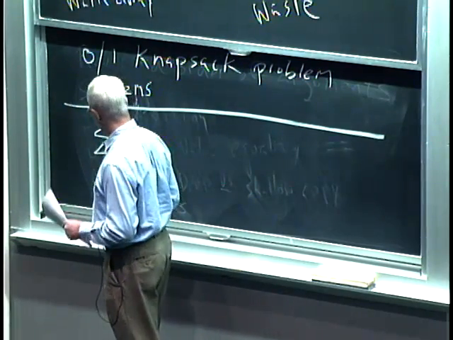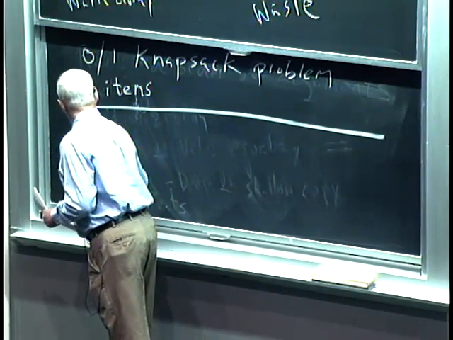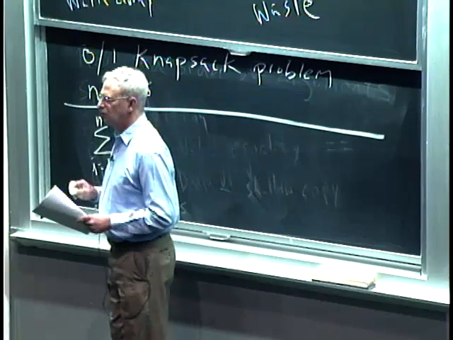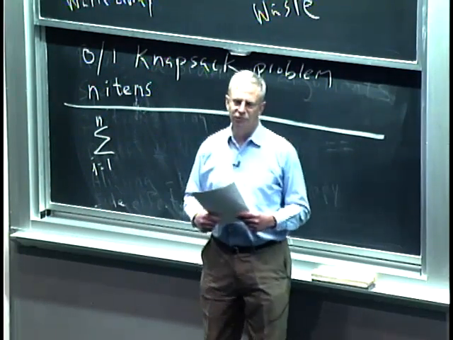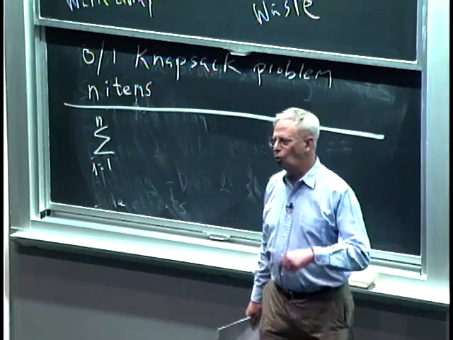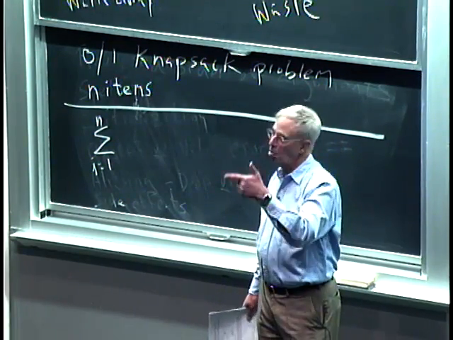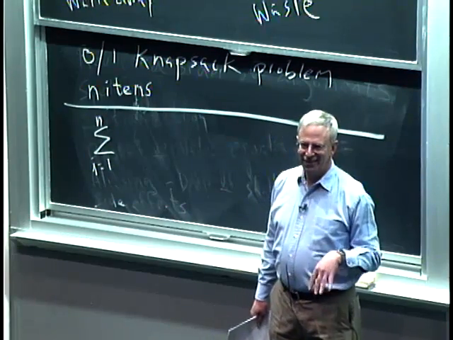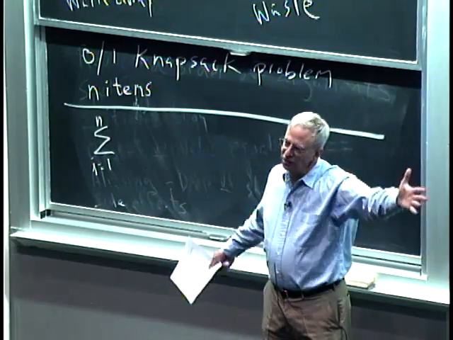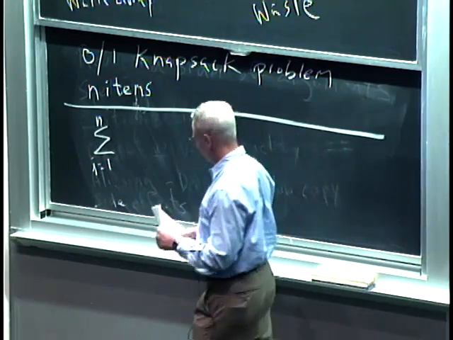The summation from i equals 1 to n, where n is the number of items. So I might label watch 1, 0, watch 2, 2, 1, and so on. I don't care that they're both watches. They're two separate items.